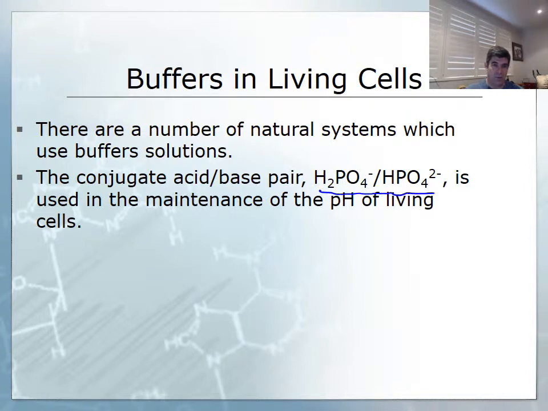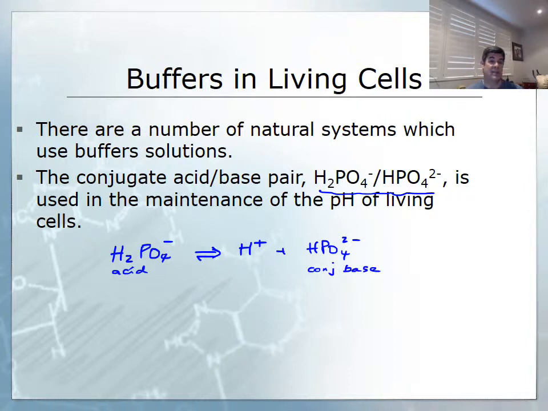If we were to write this equation in simple terms, you've got a dihydrogen phosphate ion, which is in equilibrium with an H+ and the HPO4 2-. So this is acting as an acid and this is acting as a conjugate base.